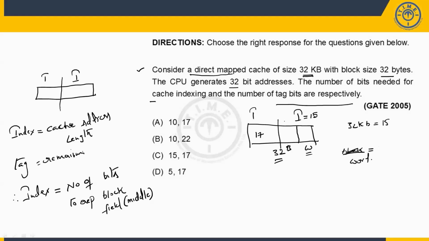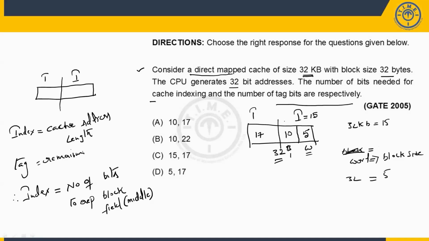What is the word field? The word field is the number of bits it takes to represent the block size. The block size is 32 bytes, meaning 5 bits. So word is equal to 5 and block is equal to 10.